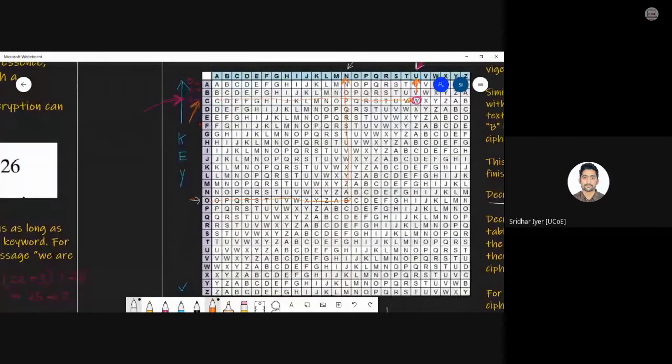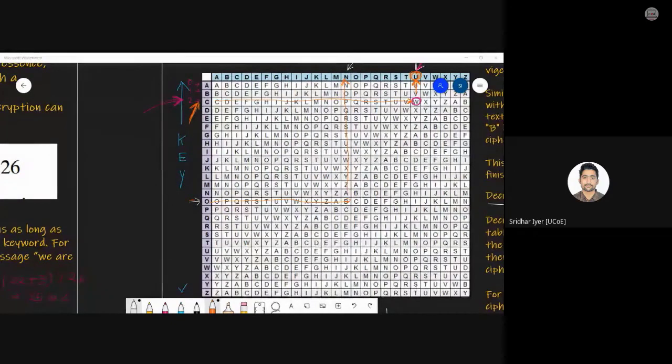So in the C row, whenever you encounter a W, check the corresponding column. Whatever is the header of that column, that is your plain text. Am I clear? Is it clear, Deep? Okay, fine.